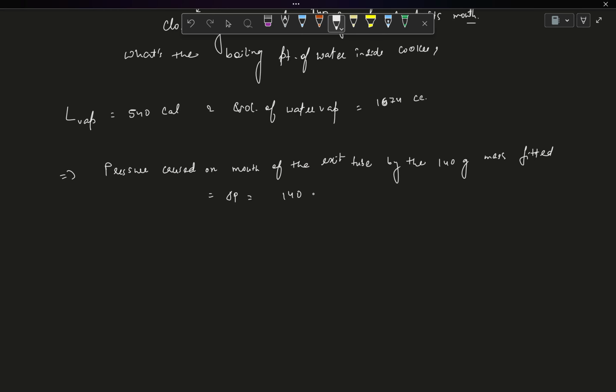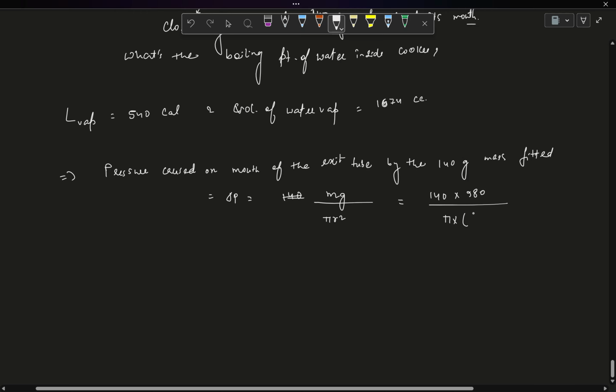The mass 140 will give a force of m times g, right? The idea is that pressure is equal to force by area. So force is mass times gravitational acceleration divided by the area, which is simply pi r squared for a circular cross-section of radius r. Here mass is 140 gram, g is 980, both in CGS units, and pi r squared, where r is 2 millimeter, so 0.2 centimeter. So 0.2 squared.